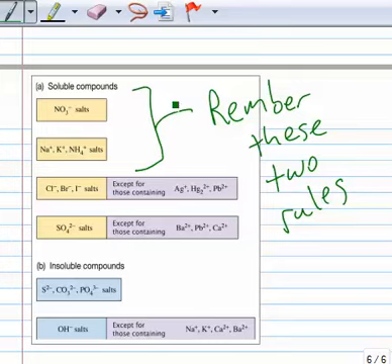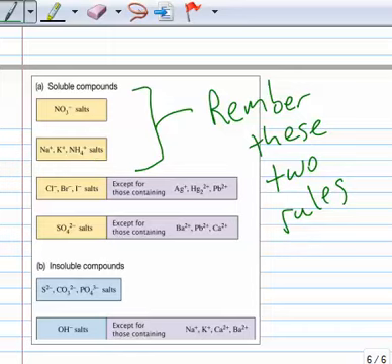and that is that any salt that contains the nitrate ion, whether it's sodium nitrate or silver nitrate or ferric nitrate, any nitrate salt, any salt containing the nitrate anion is soluble. So anytime we have a precipitate, that precipitate will not contain nitrate salts. It will not be a nitrate salt. The other simple rule is that all salts that contain sodium, potassium, and ammonium will also always be soluble.